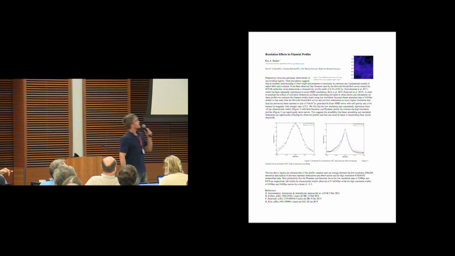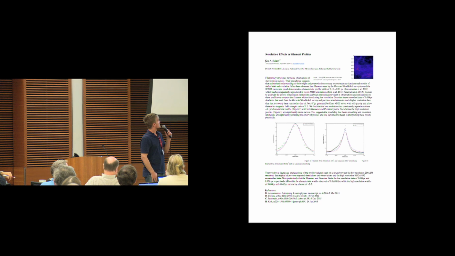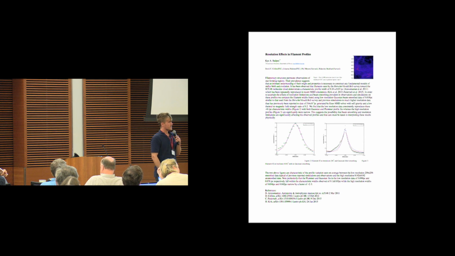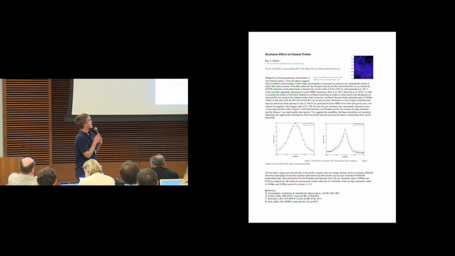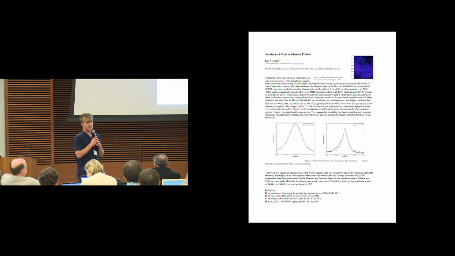A lot of people have talked about the interstellar filaments, or the filaments of the ISM in molecular clouds. We studied simulation data that was replicating the conditions under which they're observed, and the 0.1 parsec width is well known. We studied the effect of resolution limitations and Gaussian beam smoothing on the observed widths.